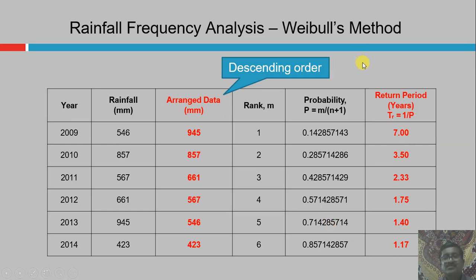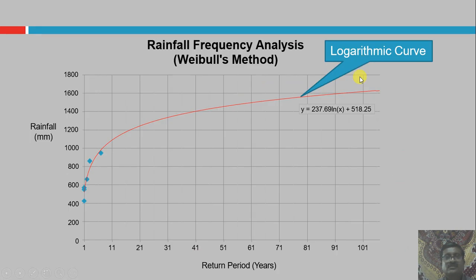In the same way the other methods are there. Then in this plot, the return period and the rainfall in millimeters are shown, and a logarithmic curve is there. So rainfall frequency analysis by using the Weibull method can be plotted on a semi-log paper. So please remember this.